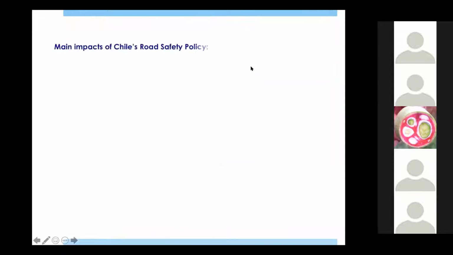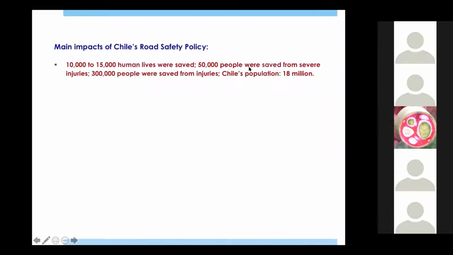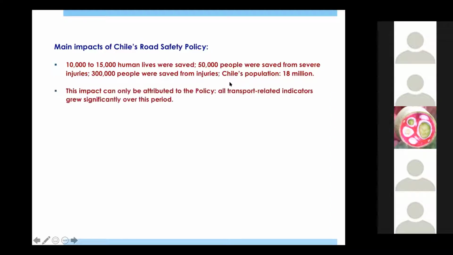Let's see the impacts. 10 to 15,000 human lives saved, 50,000 people saved from severe injuries, 300,000 people saved from injuries in total, in a country of only 18 million in population. This impact can only be attributed to the policy. All transport-related indicators improved significantly over this period.